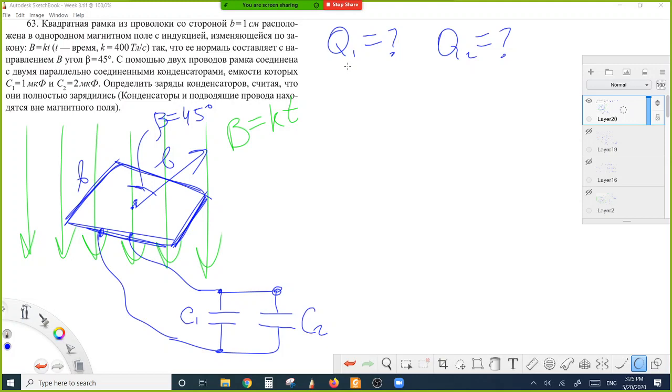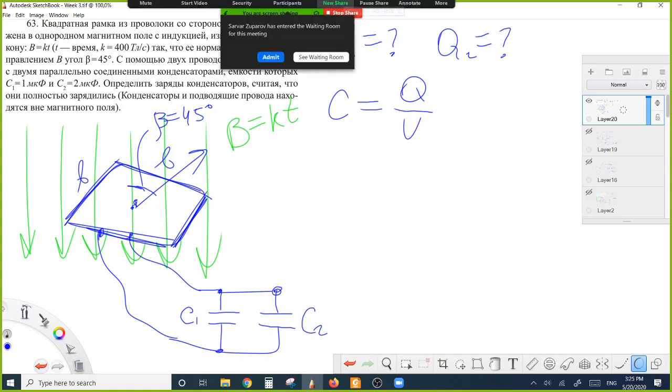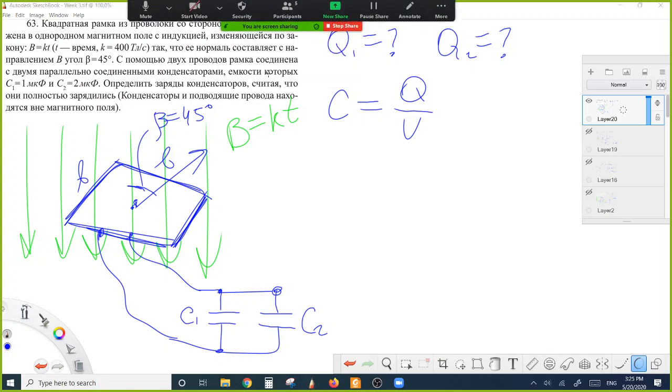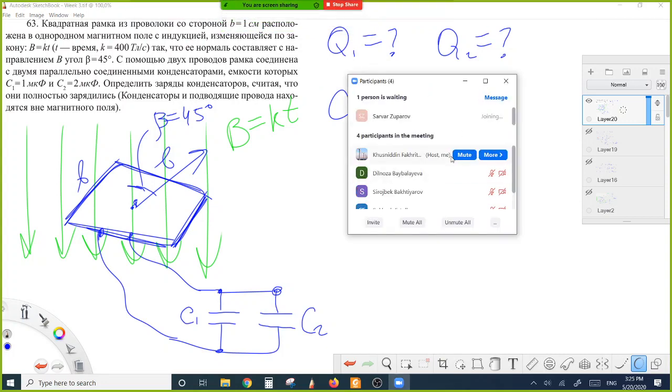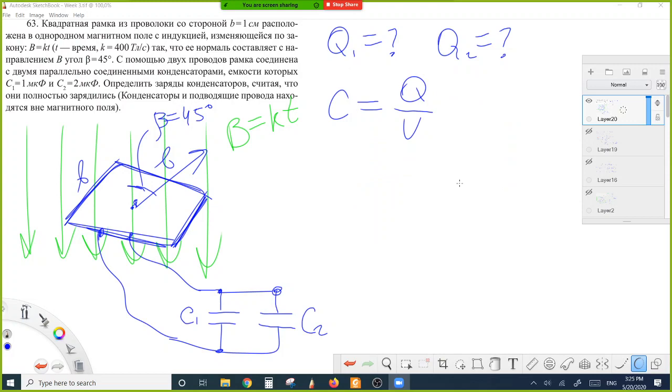After that, due to the fact that capacitors are connected in parallel, voltage drop across capacitors is equal, V1 equal to V2, and with the equation which says C equal to Q over V, you find the charge of each capacitor.